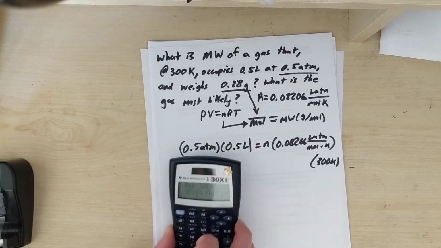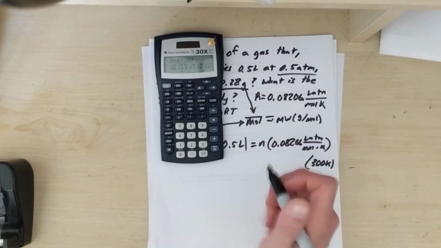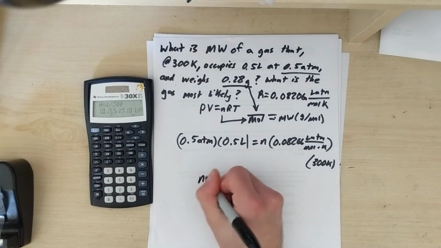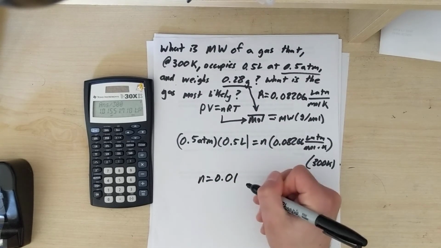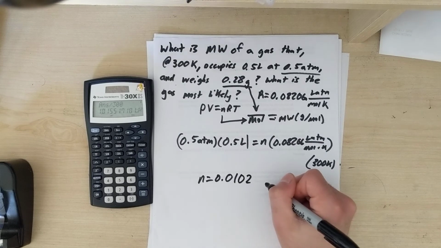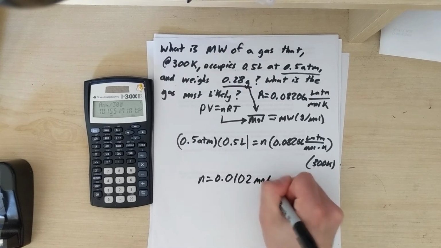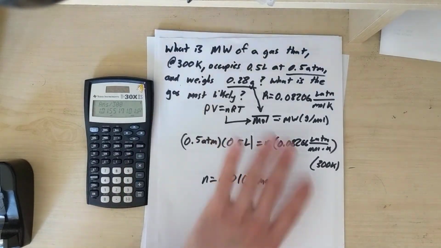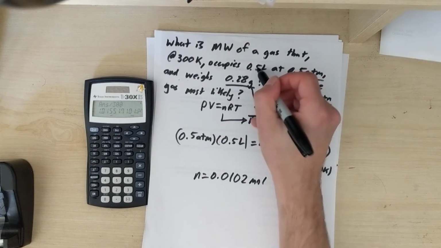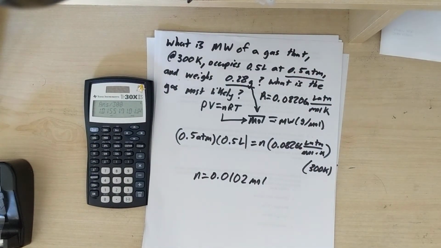So N equals 0.0102, I guess, if we want to really push it, moles. Sig figs are not accounted for right now, but we'll do that at the end. So obviously we're going to have one sig fig, because we only have one sig fig in those top answers, including 300 too.